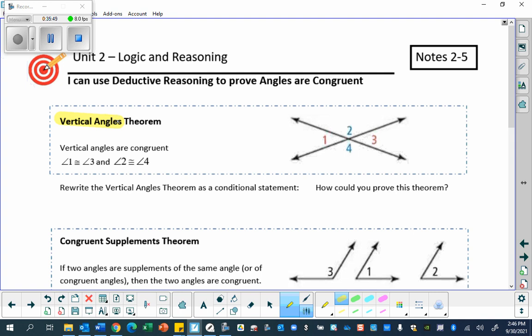But now we're going to talk about a theorem that tells us why those vertical angles are congruent. And when we get together next time, we're going to talk about it as a conditional statement and look at how we can prove that this is true.